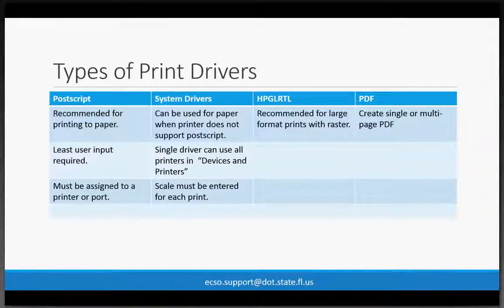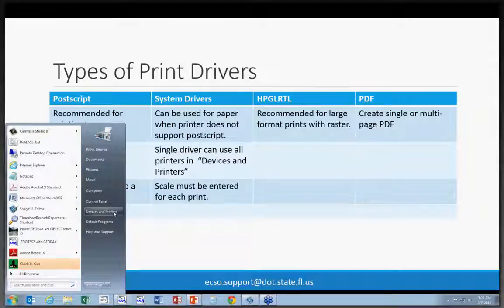System drivers are also called Windows drivers. System drivers can be used for printing to paper as well. If you don't have a PostScript printer, that would probably be the best one to use for that. Basically what the system drivers allow you to do is access any print devices you have available in your Windows devices and printers.